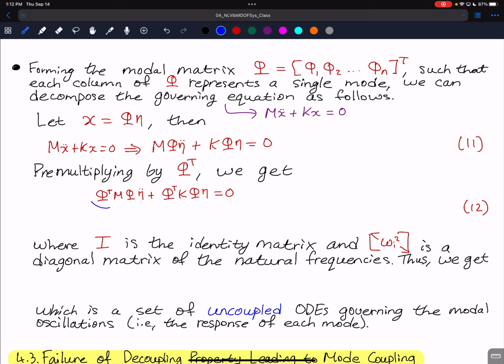This first expression is just an identity matrix, and the second expression is a diagonal matrix with the natural frequency squared along the diagonal. So we end up with I times eta double dot plus that diagonal matrix with omega i squared along the diagonal times eta is equal to 0.